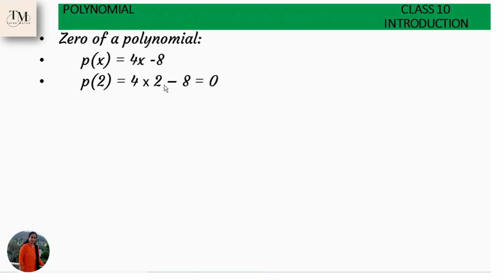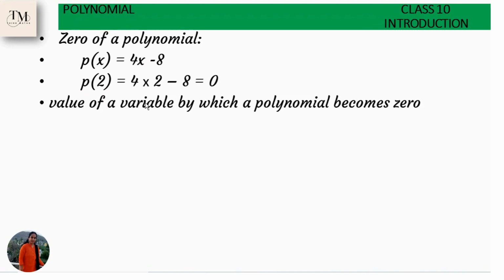That is 4 2s are 8, 8 minus 8 is 0. So x is a variable, and we are substituting some value, that is 2, by which the polynomial becomes 0. So this polynomial 4x minus 8 becomes 0 when you substitute 2 for x.